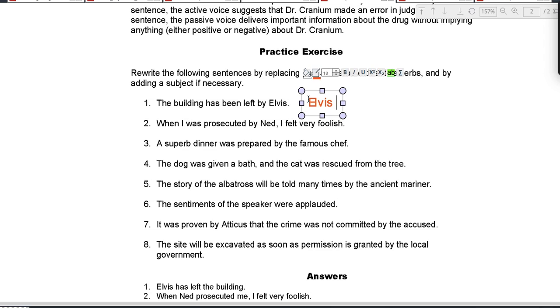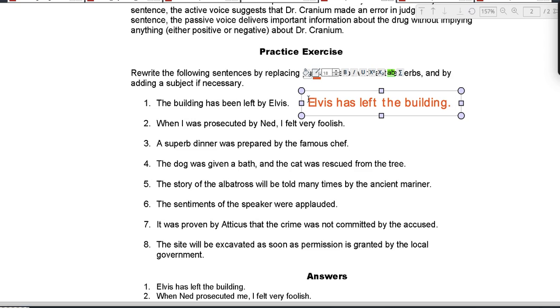Now has been is the passive form, and it will come back to has. And we do not need by. So the building has been left by Elvis becomes: Elvis has left the building.